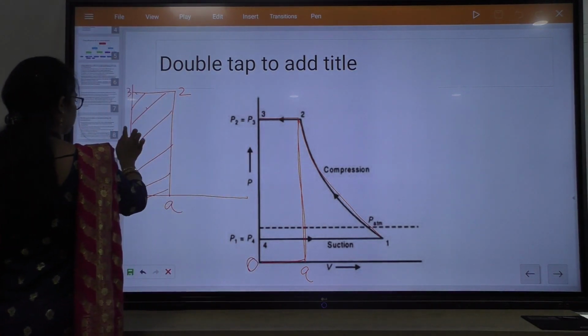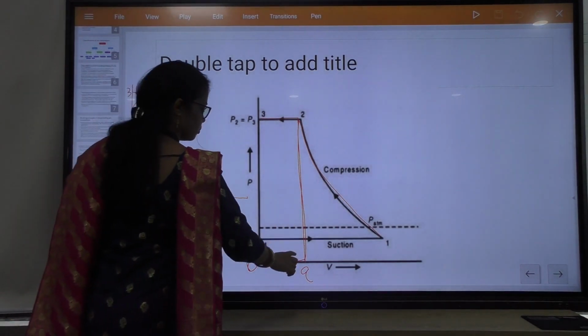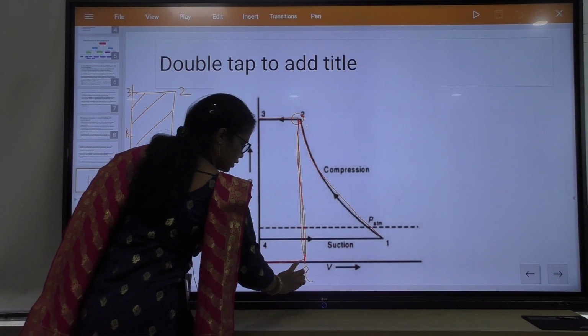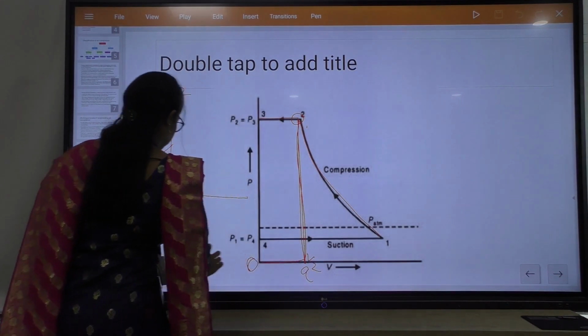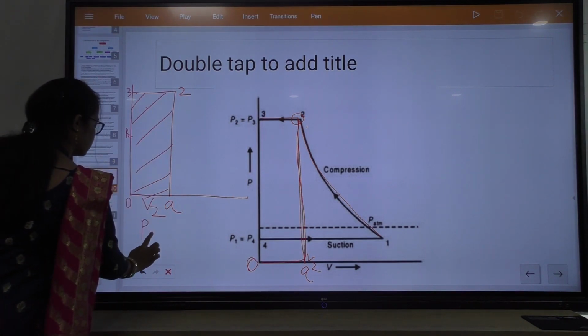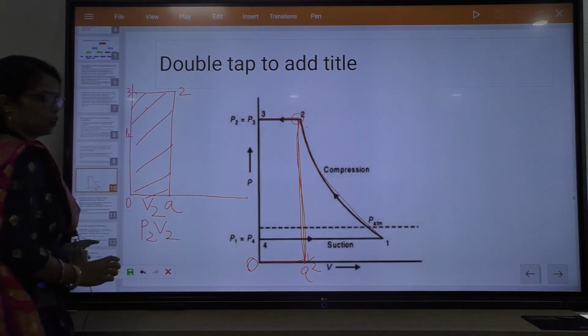This is P2. And what is the volume value? This is the 2 line, the volume will be at this point, the volume will be V2. What is the net work done? This is P2 and V2, clear.